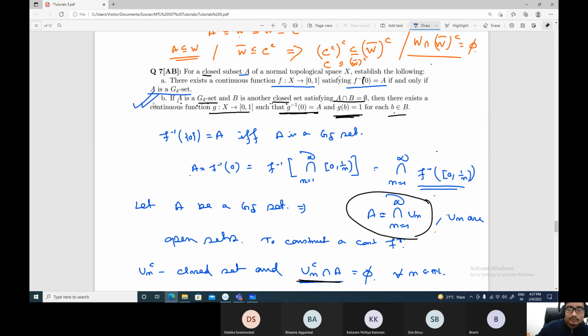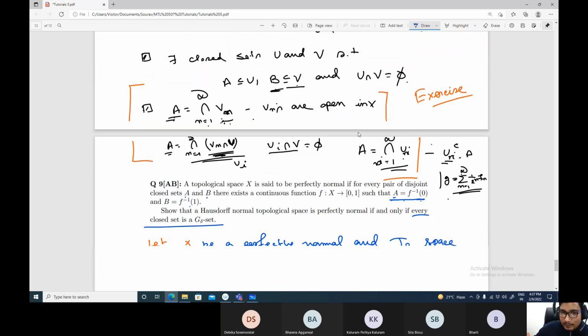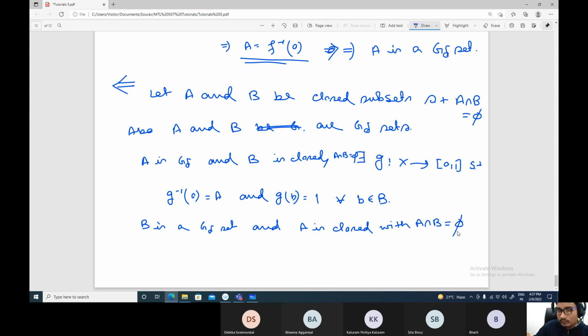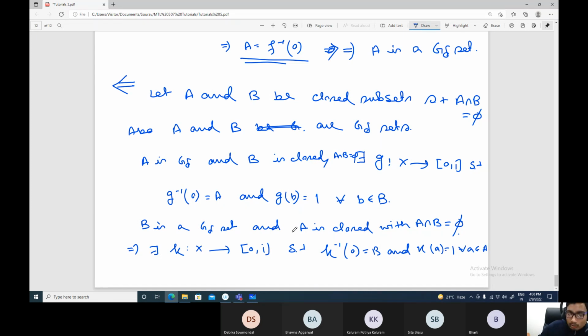Similarly, applying the fact that B is a G delta set and A is closed with A intersection B empty, there exists some function k from X to [0,1] such that k inverse of 0 is equal to B and k(a) equals 1 for all a belonging to A, right? We got two functions, but we want a single one.